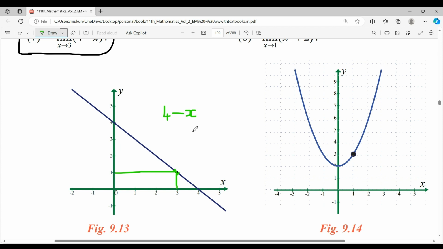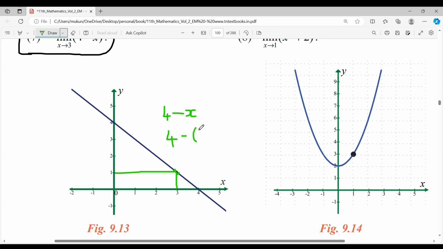And if you recall my previous video, to determine if a limit exists or not, the right hand and left hand side limits will have to be equal. In this case, we see that they are equal as h tends to 0, or as the value of x gets very close to 3.